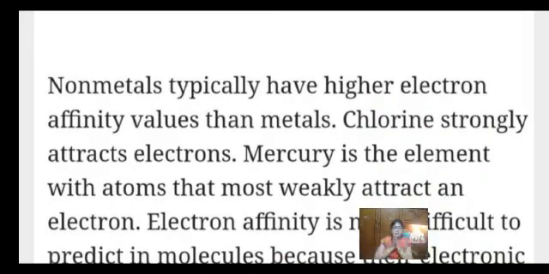One thing I forgot, that is non-metals typically have higher electron affinity values than metals. Chlorine strongly attracts electrons. Mercury is the element with the atom having most weakly attracting electrons.